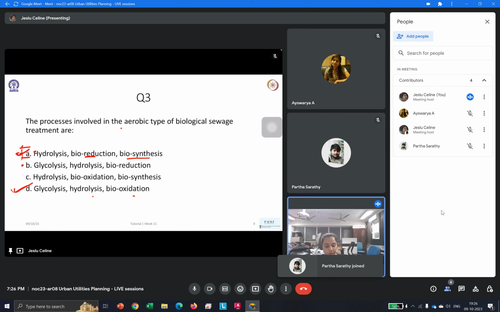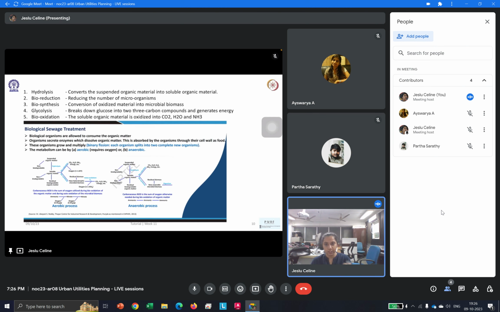Again, we are mainly talking about the aerobic type of sewage treatment. So let's first see what each of these processes is. We have hydrolysis. In hydrolysis, the suspended organic material is converted into soluble organic material. Till then it was just suspended.